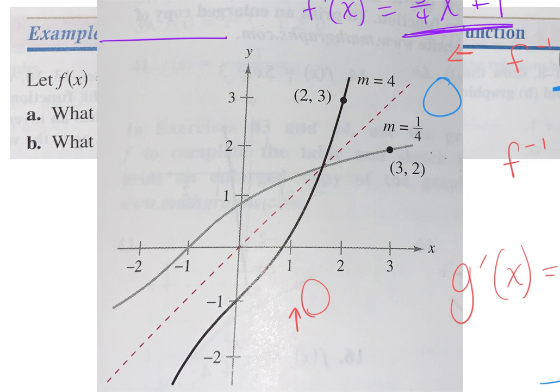It's 1 over 4. That is actually what happens with the derivative. So the derivative of the inverse, in this case, at 3 is going to equal 1/4.